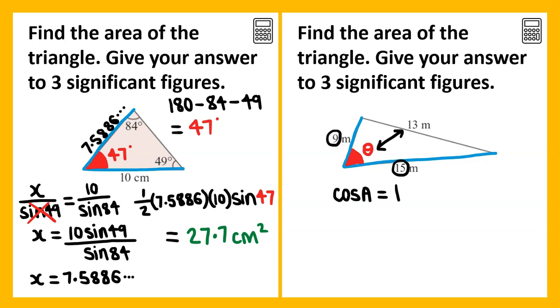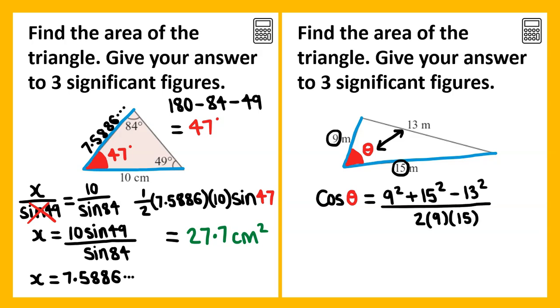So cos A equals B squared plus C squared minus A squared over 2BC, where capital A is theta, the angle to be found. B and C are the other two lengths not opposite the angle, and A is the length opposite the angle of 13. So this would be divided by 2BC, which is 2 multiplied by 9 multiplied by 15.